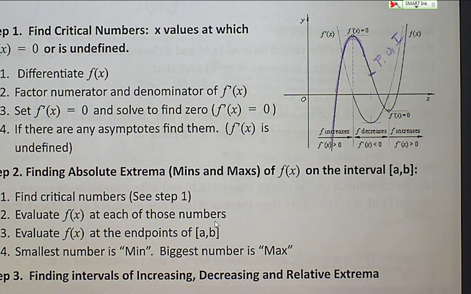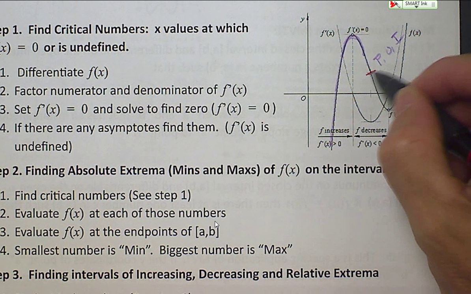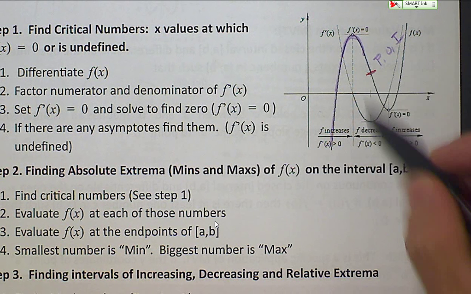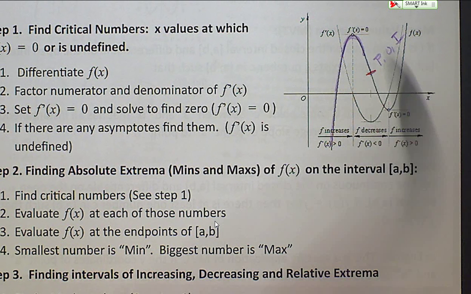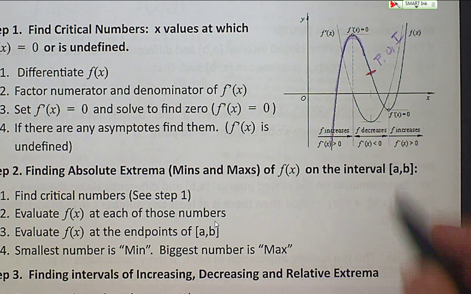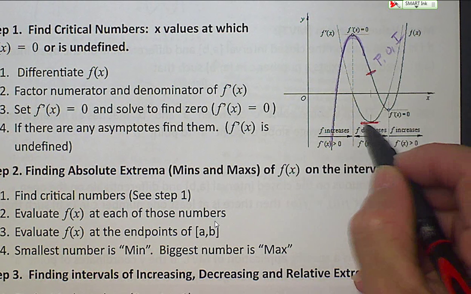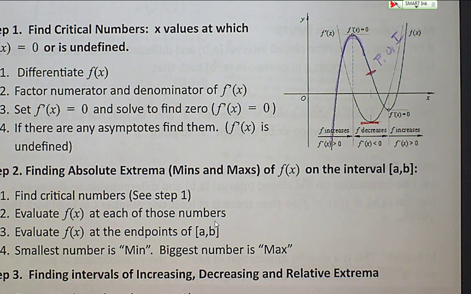So at that point, right here, what do you notice about the derivative graph? It's at a minimum. There's a slope of 0 right there. So follow me on this.